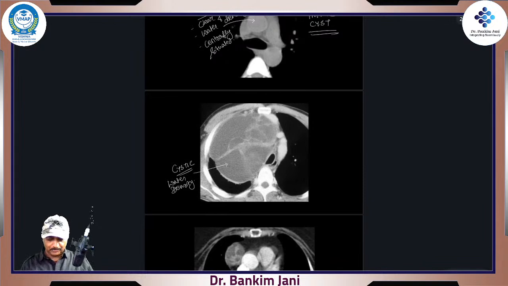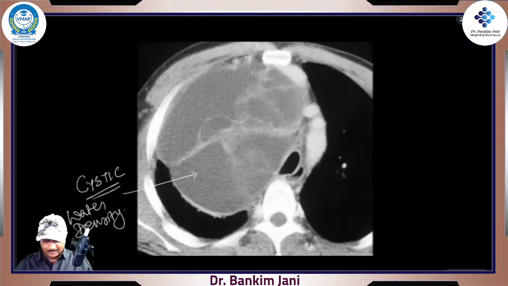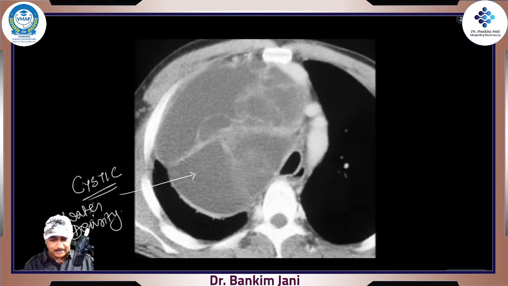See how good the septa is. Septas are thin, enhancing septas. If there is a tissue, that would be thicker. That's why this is a germ cell tumor. So we'll write enhancing septa.